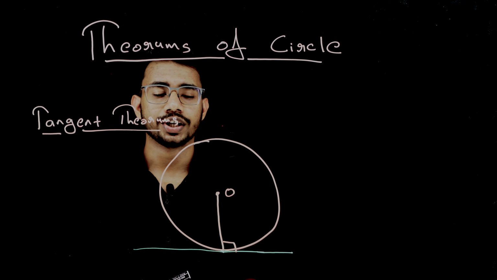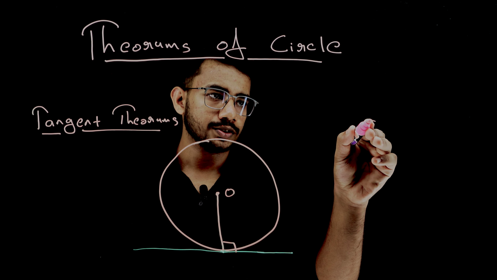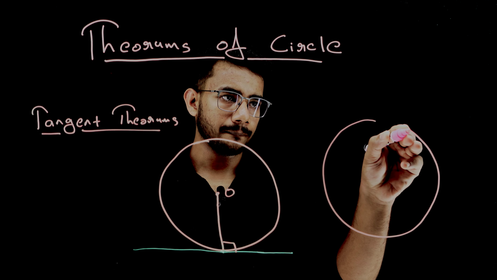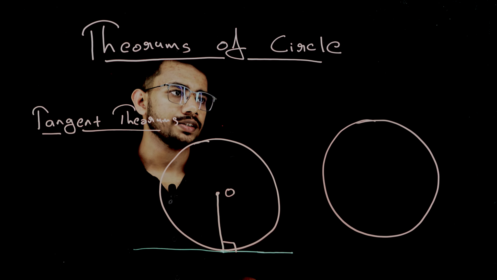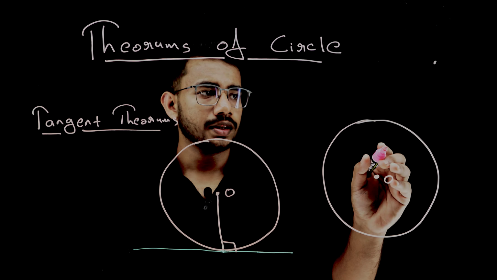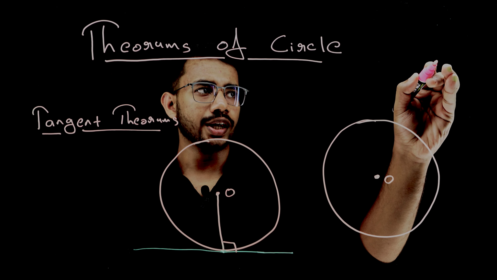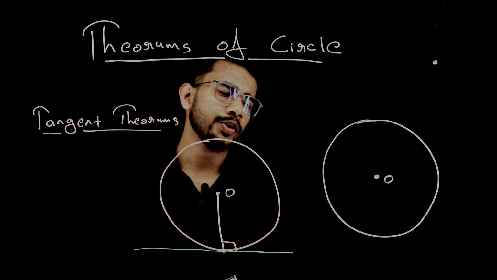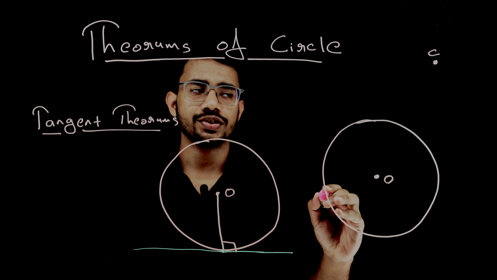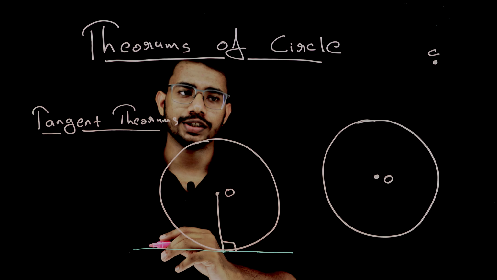Now moving on to the second one. So here also I'm having a circle like this, and I'm having the center at this point O, and I'm having an external point right over here. So what I'm going to do is draw two tangents from this point to the circle itself.